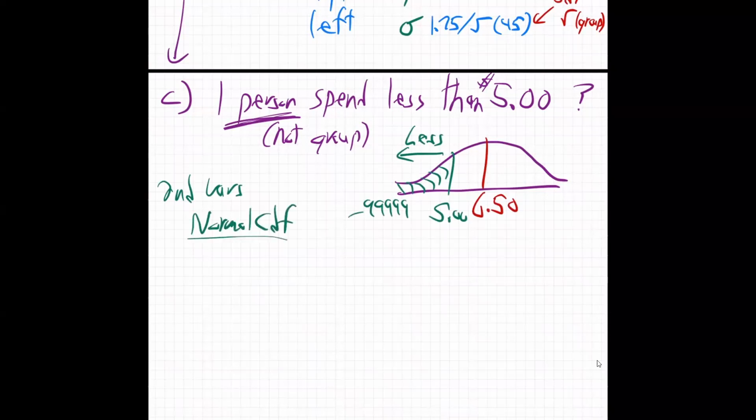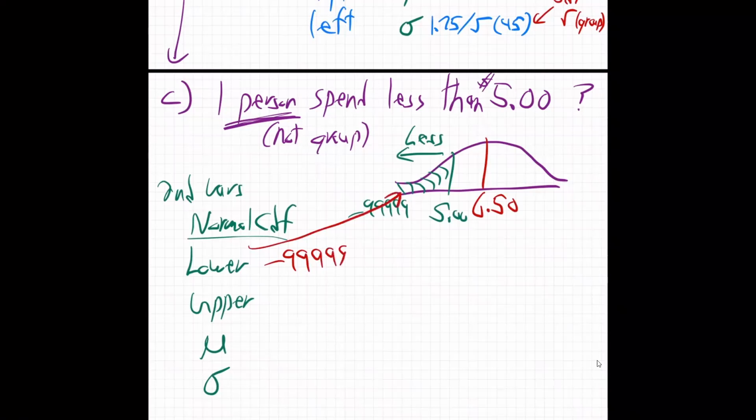We're going to go lower and upper and mu and sigma. The lower is still the negative 5 nines, because that's the left edge. The upper is the right edge. And then the mu, that's the mean, which is 6.5.